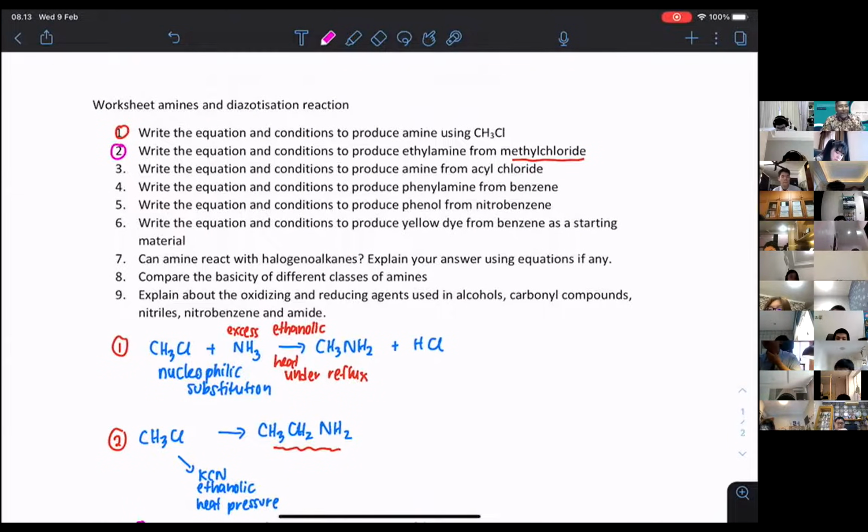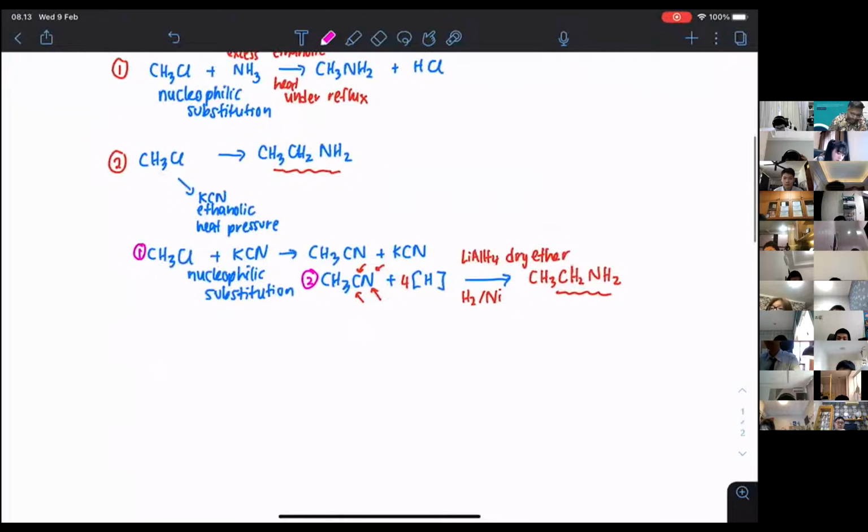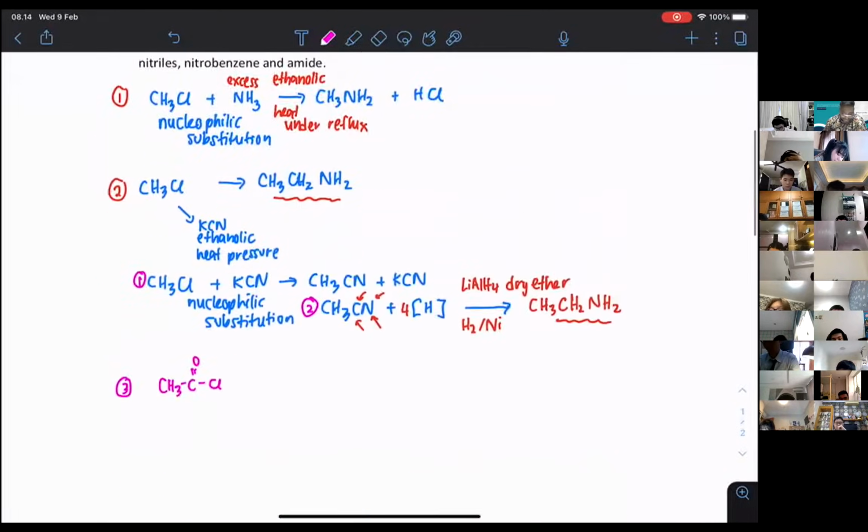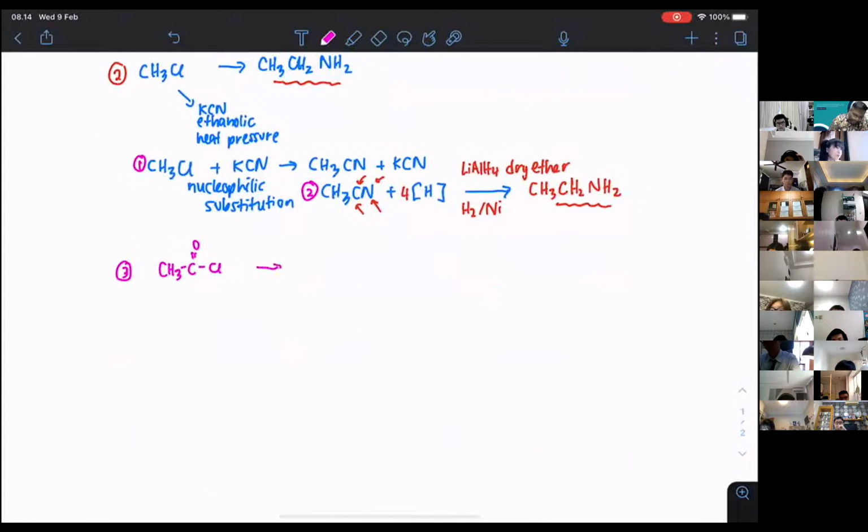Question number 3, write the equation and conditions to produce amine from ethyl chloride. Let's select one ethyl chloride: CH3C(=O)Cl. And I want to produce amine.